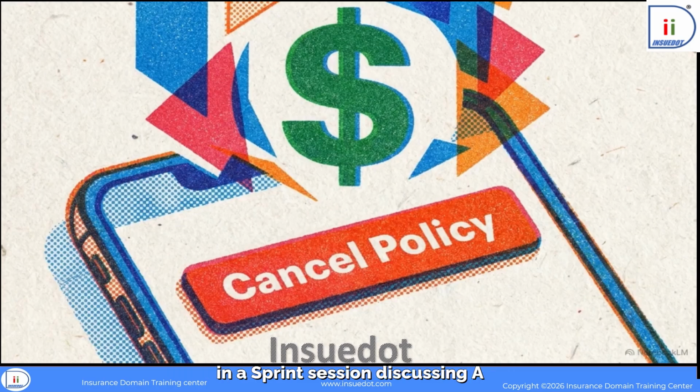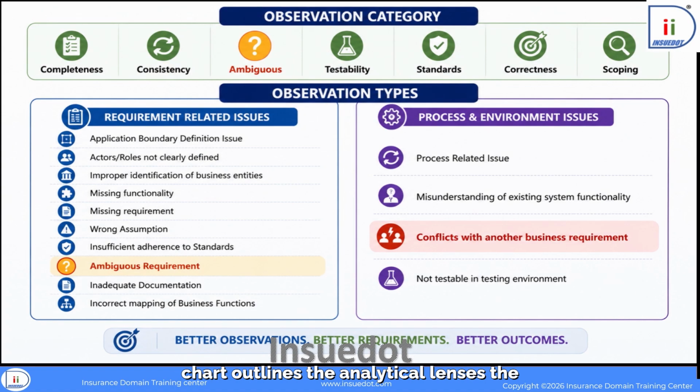Imagine a team in a sprint session discussing a straightforward new feature, allowing customers to cancel policies online and automatically receive a refund. This chart outlines the analytical lenses the AI uses to process requirements. It flags a consistency conflict, spotting a contradiction with the billing team's archiving rules. Next, it spots an ambiguous requirement, challenging the team to define the timeline for a refund.